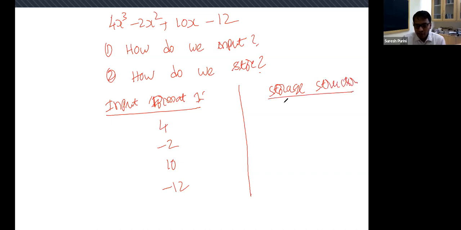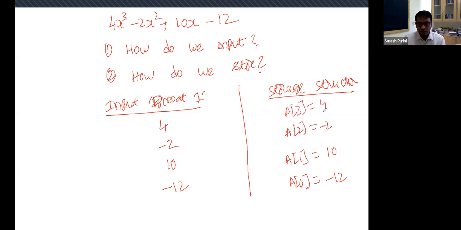So a of 0, you want to store minus 12, a of 1 you want to store 10, a of 2 you want to store minus 2, a of 3 you want to store 4, where this 3 corresponds to the degree. In general, a of the degree stores the corresponding coefficient, maybe CD.